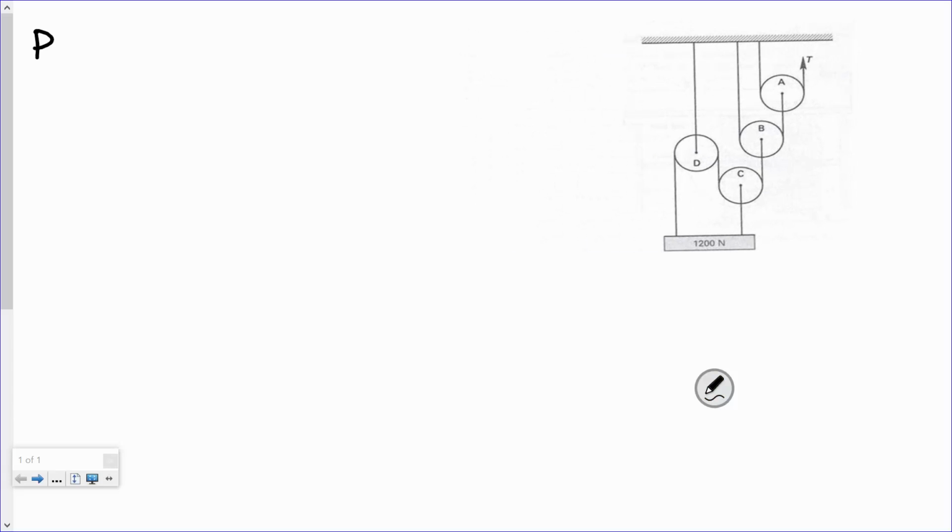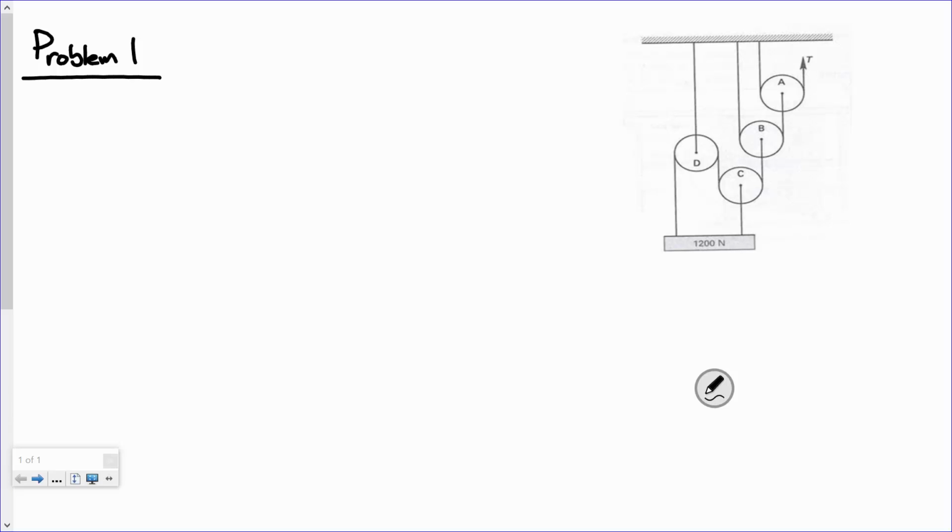So problem one. What I'm going to do is take each pulley one at a time and see if I can determine the force inside this system. I'm going to start off with where my hand would be if I was on this system. The idea is I'm going to pull on this rope.